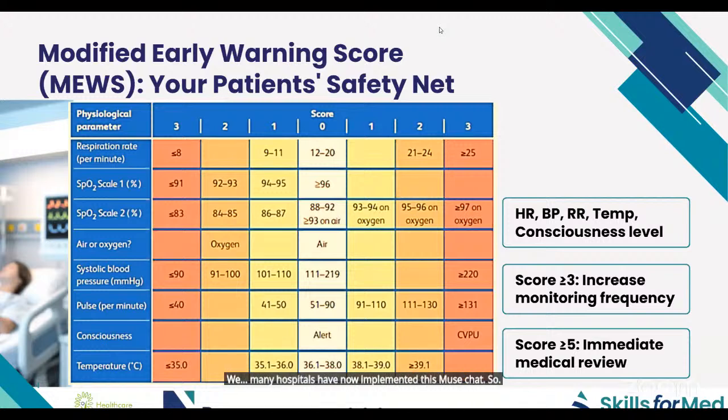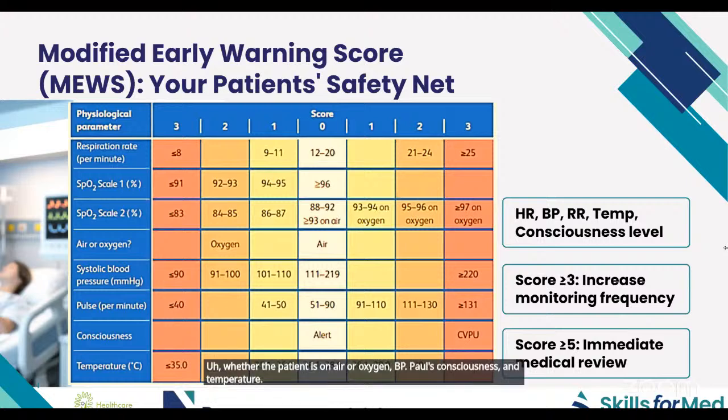As you can see, there are the same vitals: the respiratory rate, the saturation, whether the patient is on air or oxygen, BP, pulse, consciousness, and temperature.